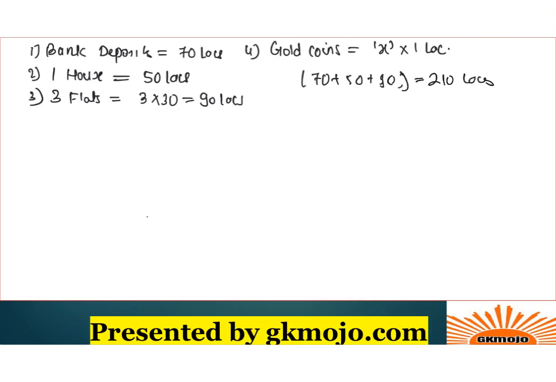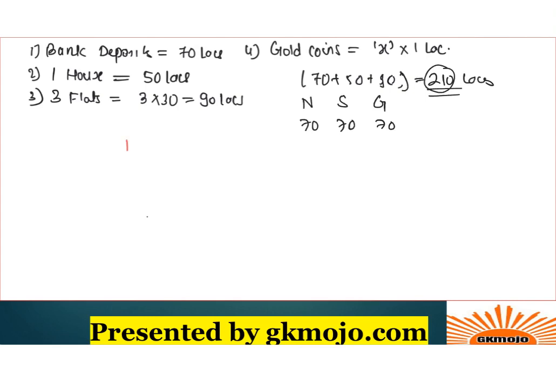In fact, the total amount that will be with each of the children at the end will be the same. Neeta, Sita and Geeta will get an equal amount at the end. Even if you do not know the number of gold coins, they were also distributed in equal amounts. So if we consider only this amount, barring the gold coins, it will be distributed among Neeta, Sita and Geeta as 70, 70, 70 lakhs, because the total is 210 lakhs. This is excluding the gold coins that I'm talking about. All right, so let's see.